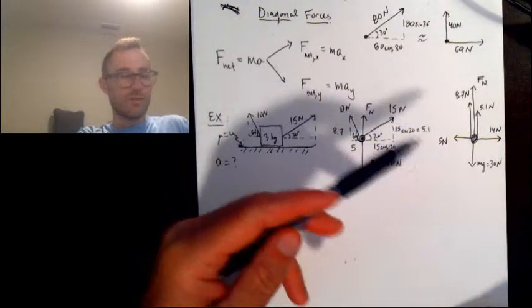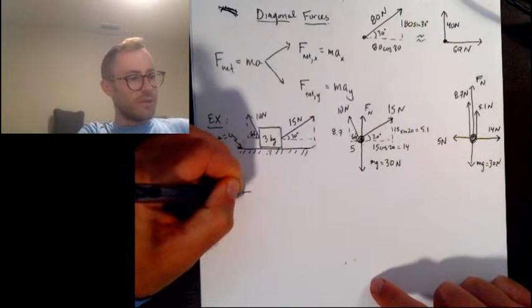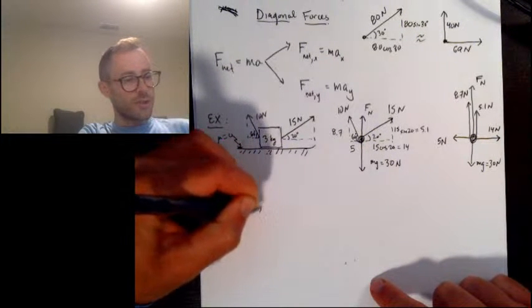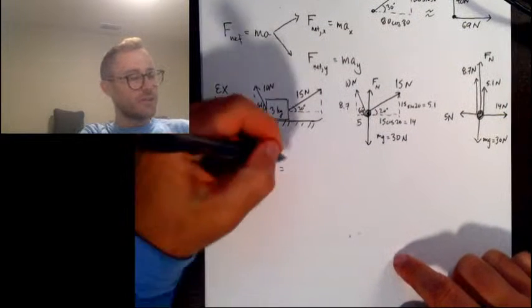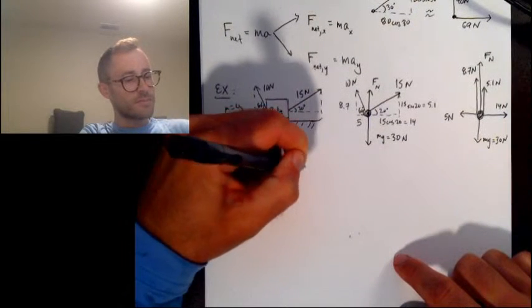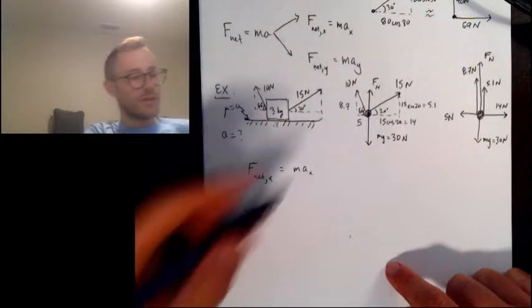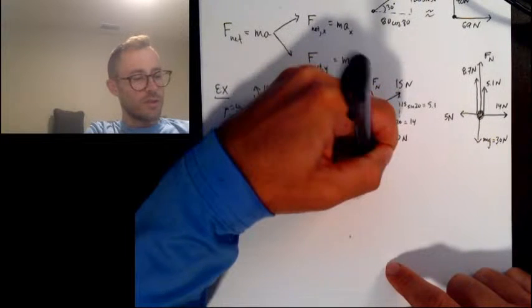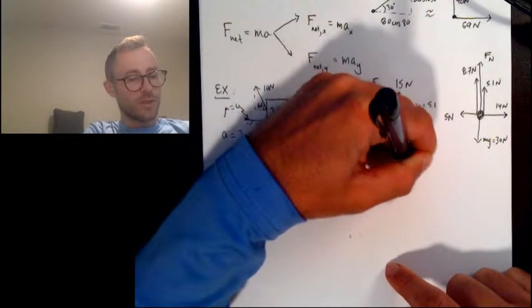So for example, the net force in the x direction equals m times a sub x, the x component of the acceleration. The net force in the y direction is m times a sub y.